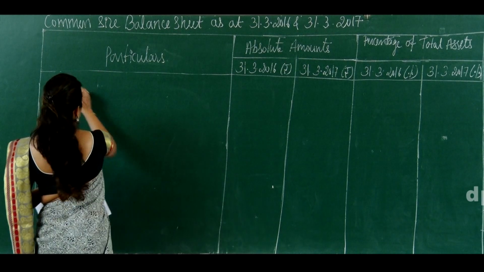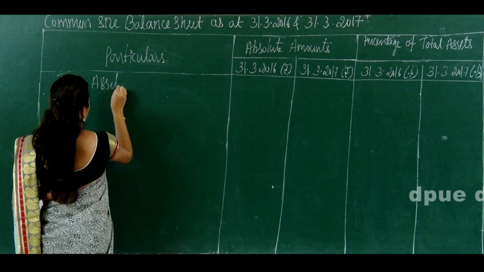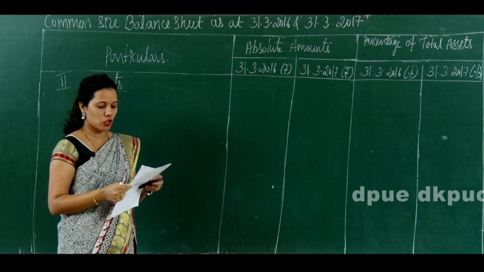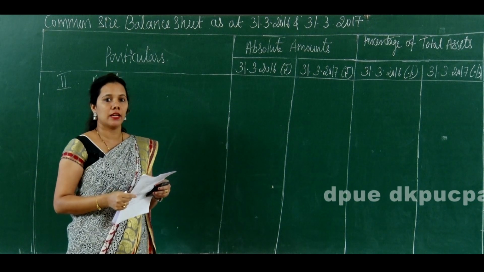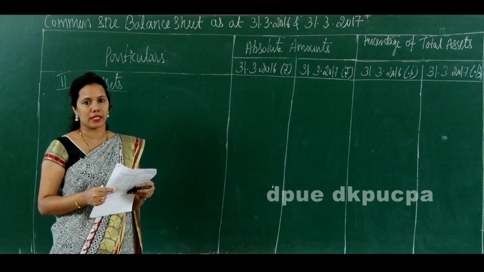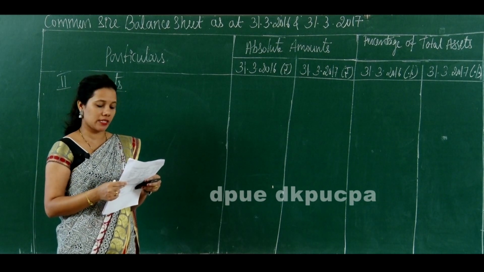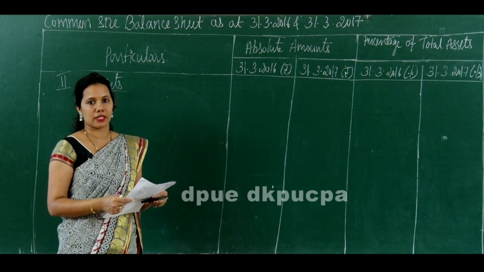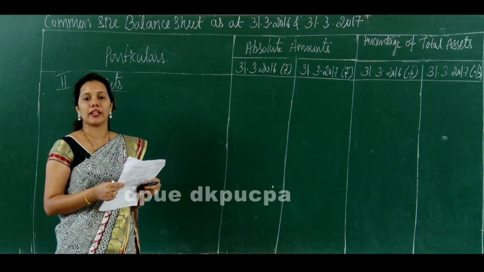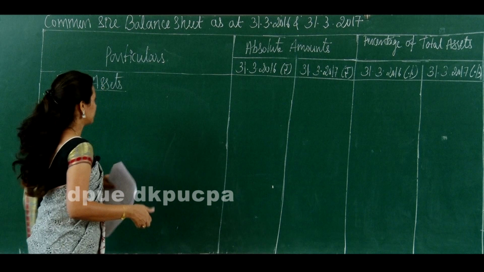Next is asset. On the asset side you have buildings, machinery, goodwill and current assets. Assets are broadly classified into non-current assets and current assets. Buildings, machinery, goodwill are non-current assets, and finally, you have current assets. Under non-current assets, building, machinery and goodwill are treated as fixed assets. Under fixed, tangible and intangible.